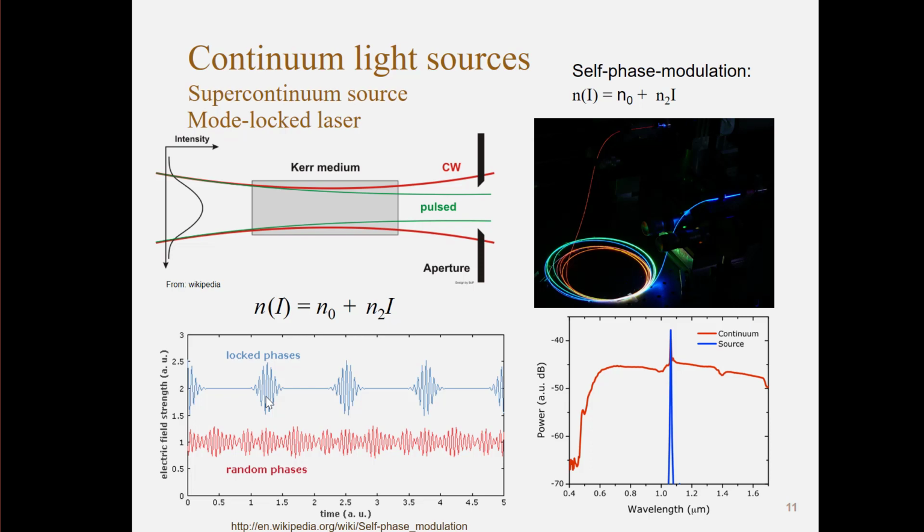It's a continuous light source over a very broad region, and apart from this very fine structure, it can be fairly structureless. So it's a very suitable source for spectroscopy, and therefore it has lately become very popular.